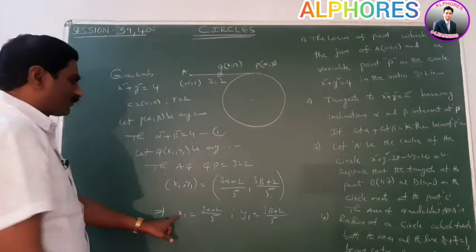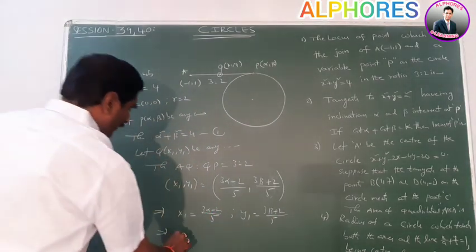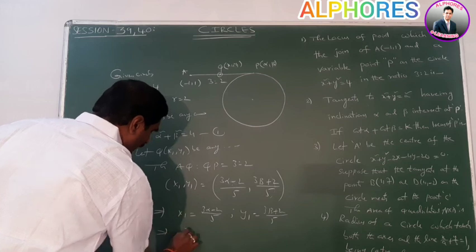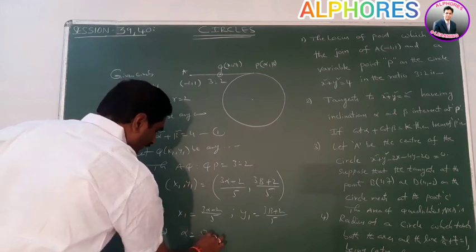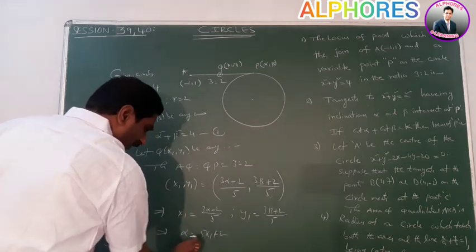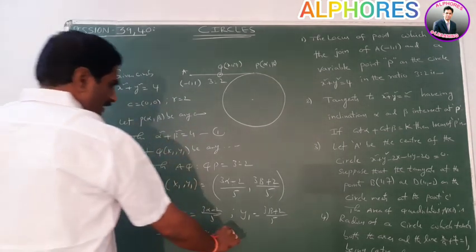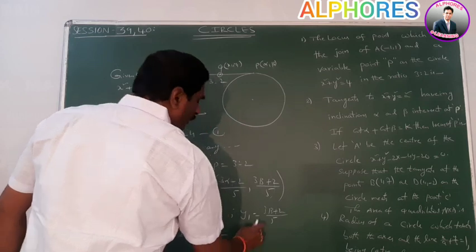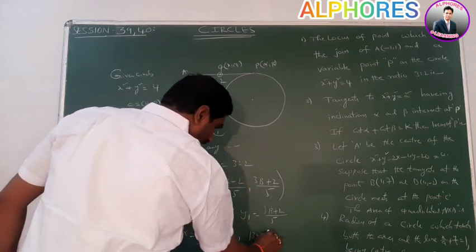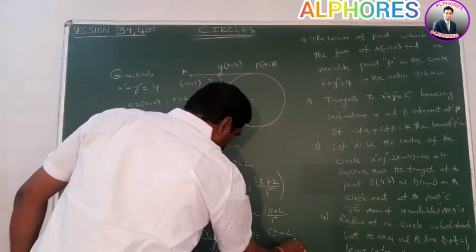After cross multiplication, 5x1 = 3 alpha - 2. That means 3 alpha = 5x1 + 2, so alpha = (5x1 + 2)/3. Next, similarly, beta = (5y1 - 2)/3.